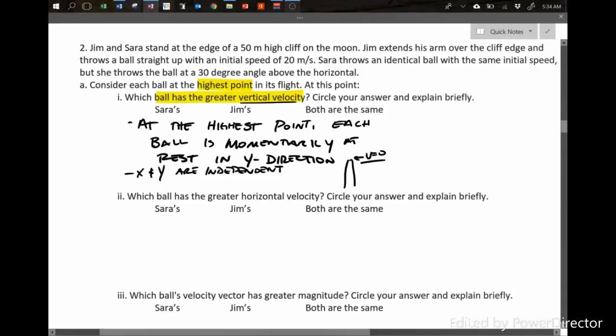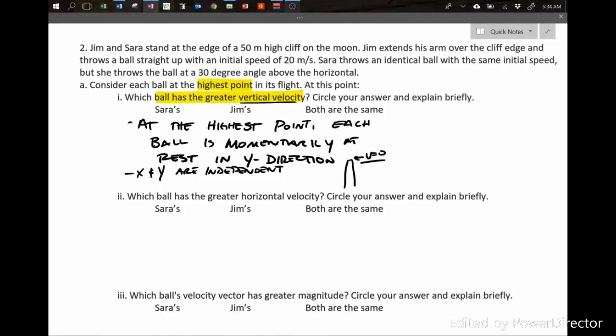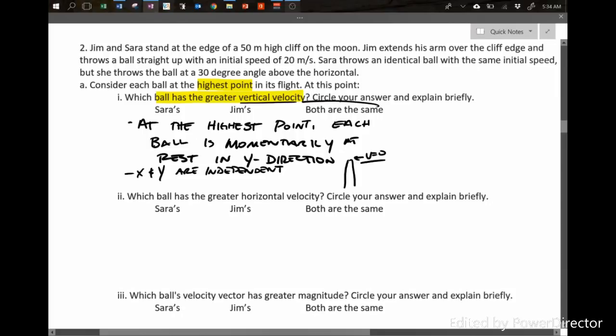So it doesn't matter that Sarah's ball has some horizontal velocity at the top. Vertically, in the y direction, that ball is stopping and turning back around. So they're both going to be the same.